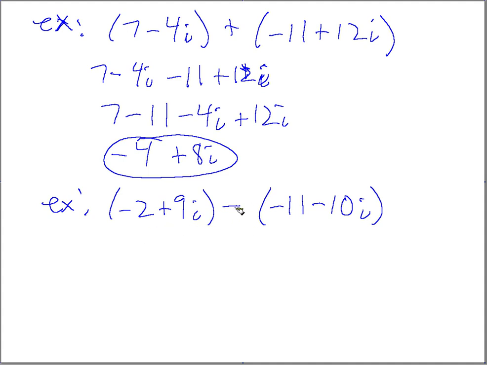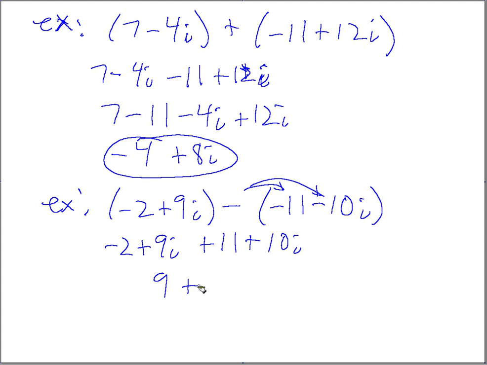But again, subtracting means combining like terms, but also distributing this negative sign to this complex number. So just bring down the negative 2 plus 9i here. So negative 2 plus 9i. And then we're going to get plus 11, distributing the negative sign, and plus 10i. So combining like terms, negative 2 plus 11 is 9, positive, and 9i plus 10i, just do it in your head, 19i.